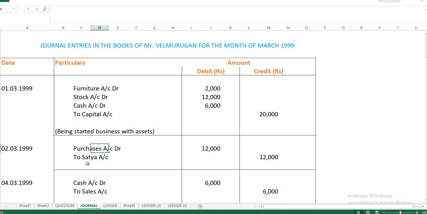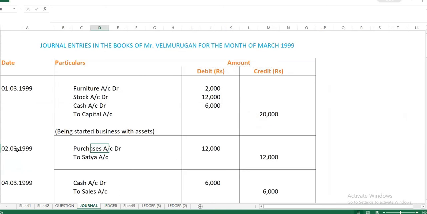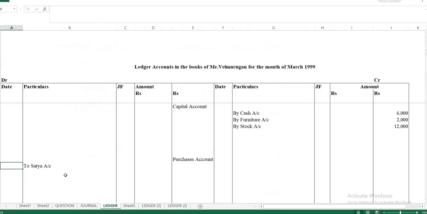Now in the purchases account, what you have to do? You have to post it as "To Satya account". On which date it occurred, all those things you have to write properly. On 2nd March 1999.